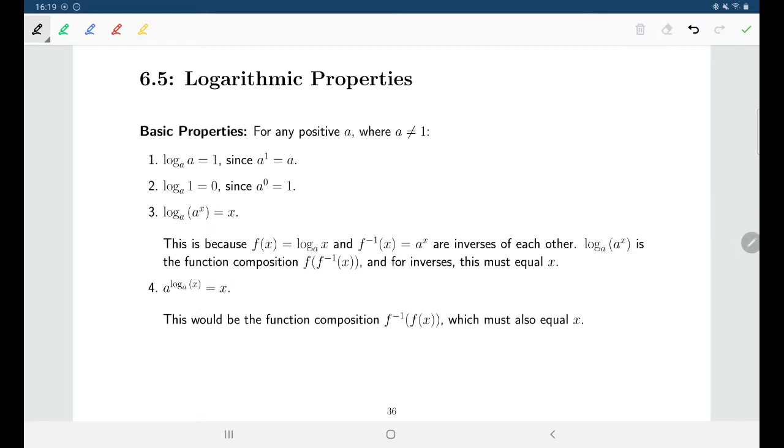So the first two properties we could think of just again because of the fact that a to the power of x is the inverse of log base a of x. We could also think of it in terms of those are just points that we happen to know on the graphs of both functions. The other two properties are really properties again because logs and exponential functions are inverses of each other.